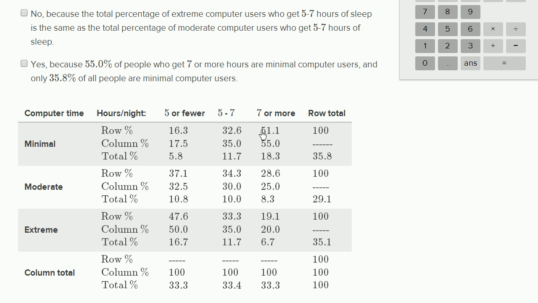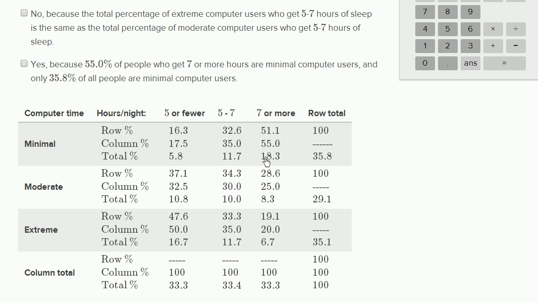And there's a couple of ways to read this. You could say that 51% of minimal computer users get 7 or more hours of sleep. You could say that of the people who get 7 or more hours of sleep, 55% are minimal computer users. And of course, this one just says that minimal computer users who get 7 or more hours of sleep represent 18.3% of all of the people who were surveyed.